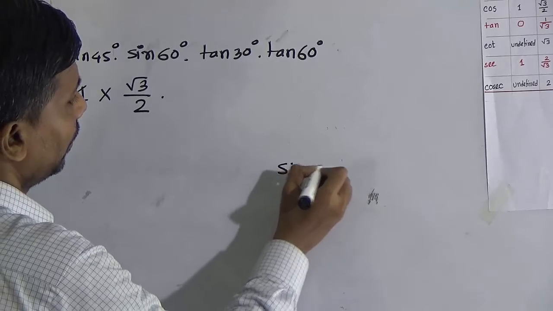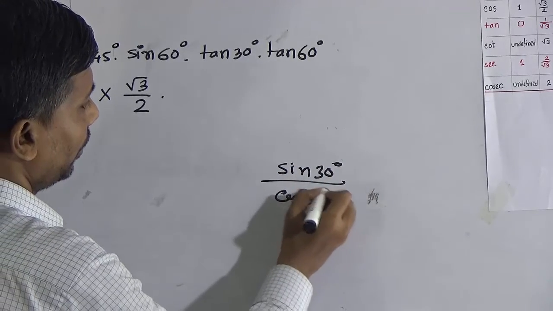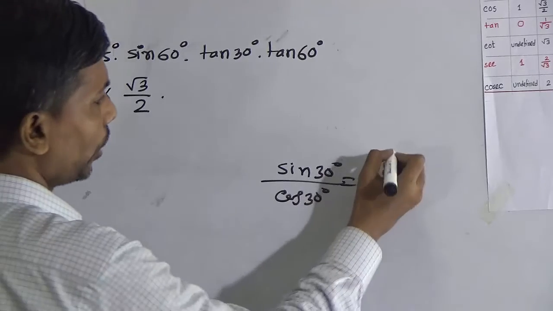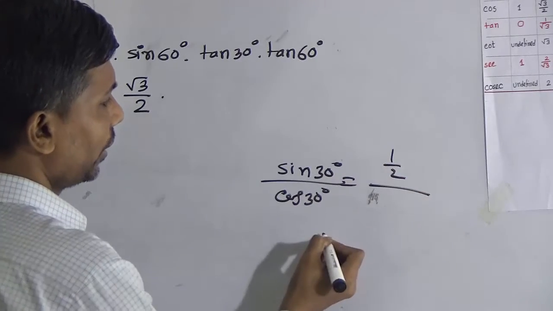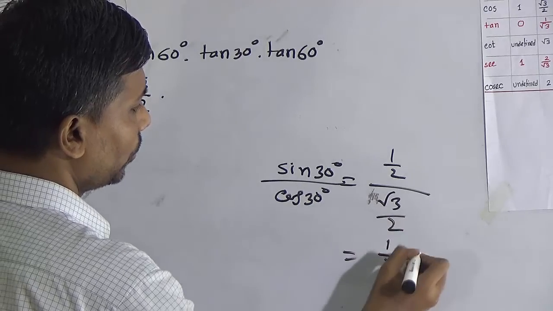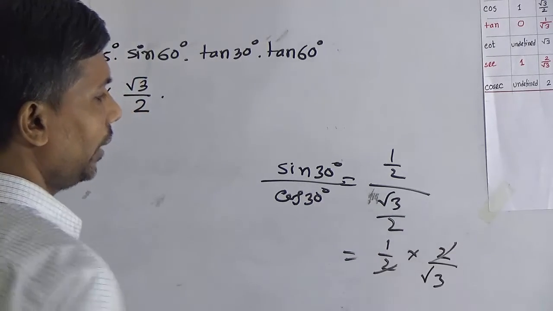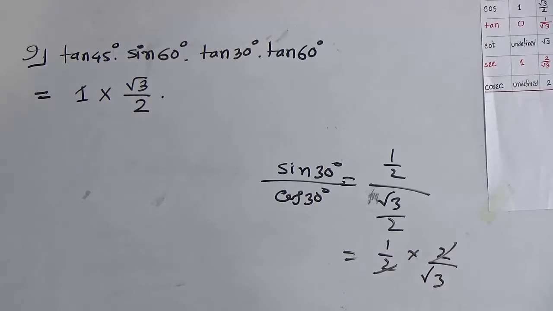Sin 30 degree by cos 30 degree. Look, sin 30 degree means what? 1 by 2. And cos 30 degree means what? Root 3 by 2. Okay, 1 by 2, then 2 by root 3. 2 cancels. Then that means tan 30 degree equal to 1 by root 3.